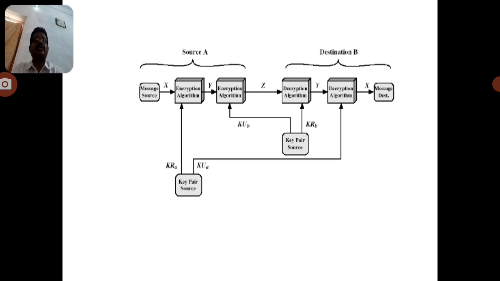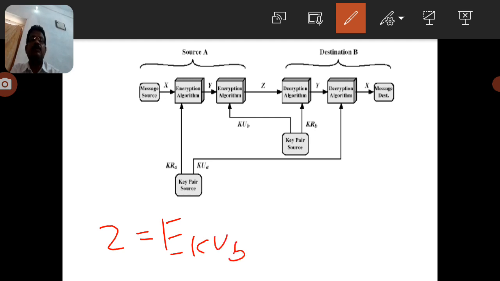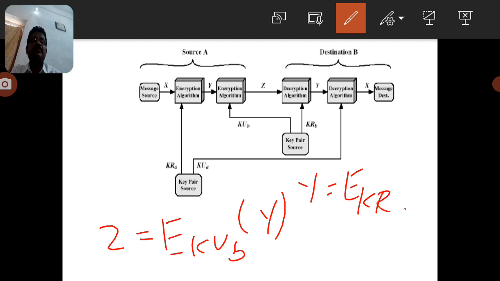So finally the confidential message Z is represented as Z equals EKUB of Y, where KUB is the public key of user B. We know that Y equals the encryption with the private key of user A, so this is the Y message.